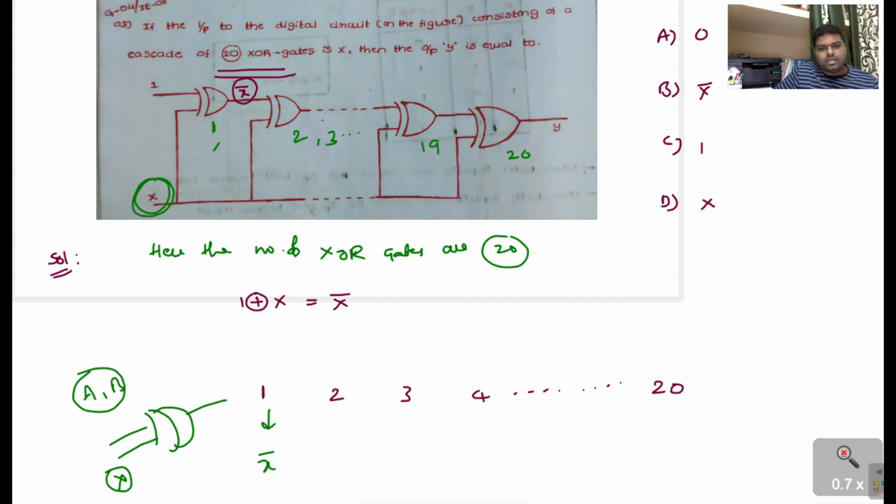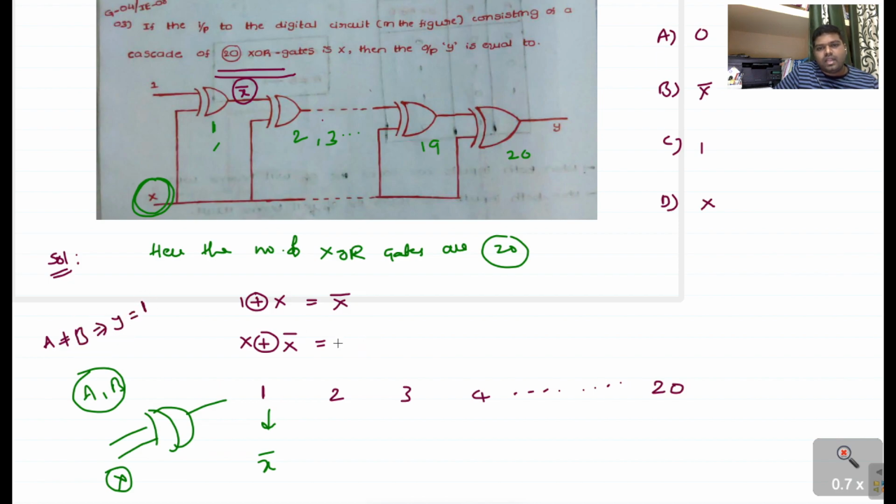Now for the second gate, one input is predefined, that is X. And the second input depends on the previous gate. The previous gate output is X bar, that is the input to the second gate. So X XOR X bar: the two variables are different, A not equal to B, so Y equals logic 1.